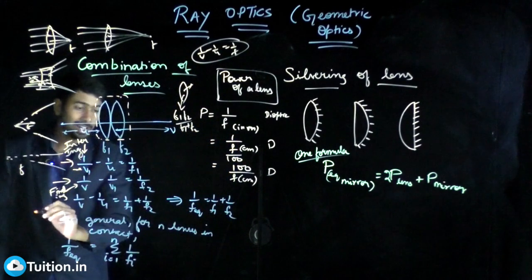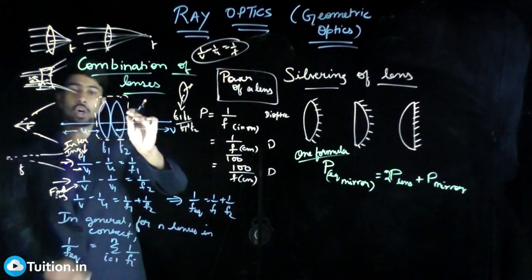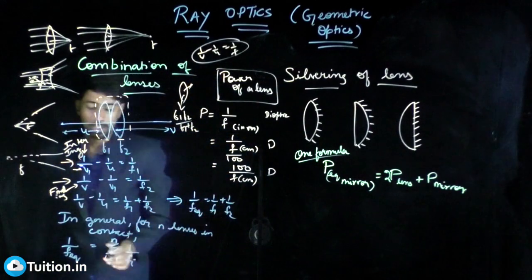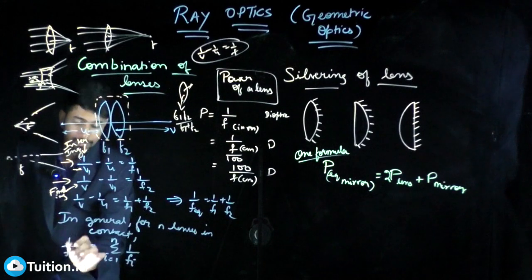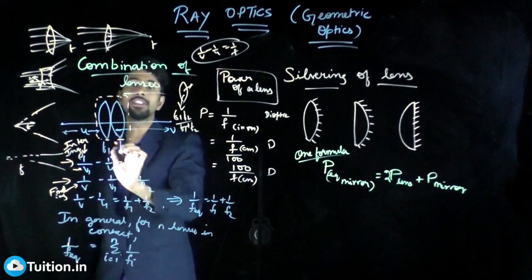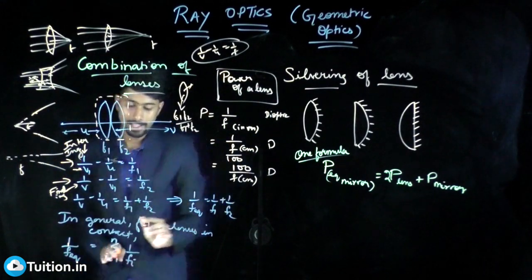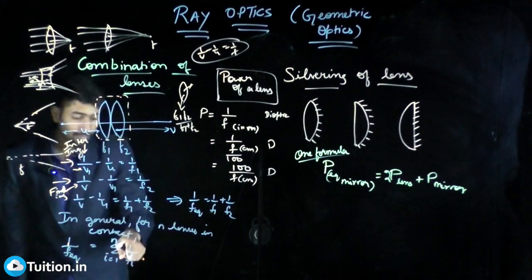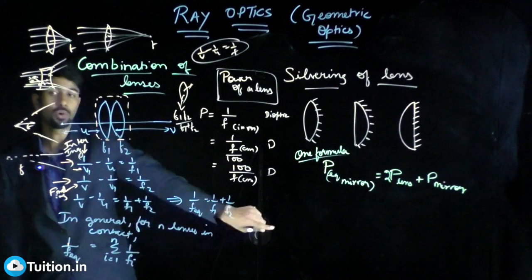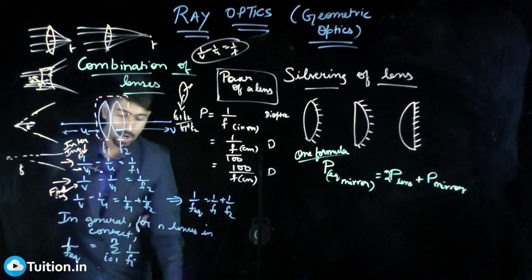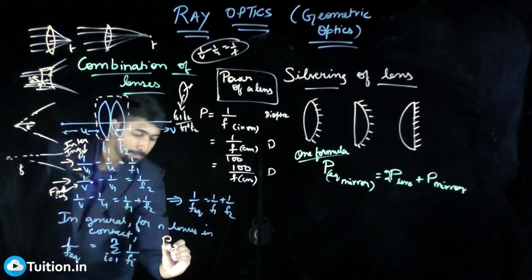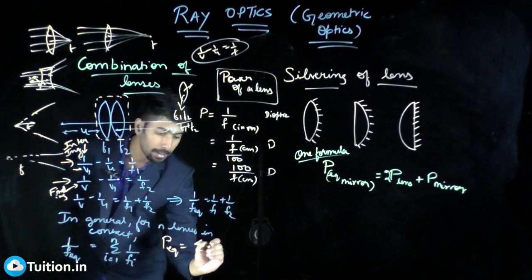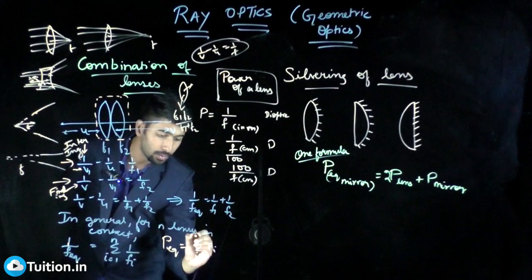Like for example, in general if you have n lenses in contact, here you just have 2, this is the net formula: 1 by f, the equivalent focal length of all those lenses, is the sum over i is equal to 1 to n of 1 by fi. That means 1 by f1 plus 1 by f2 plus 1 by f3 and so on, plus 1 by fn. Or else I can say the equivalent power of the lens is the sum of pi, i is equal to 1 to n.